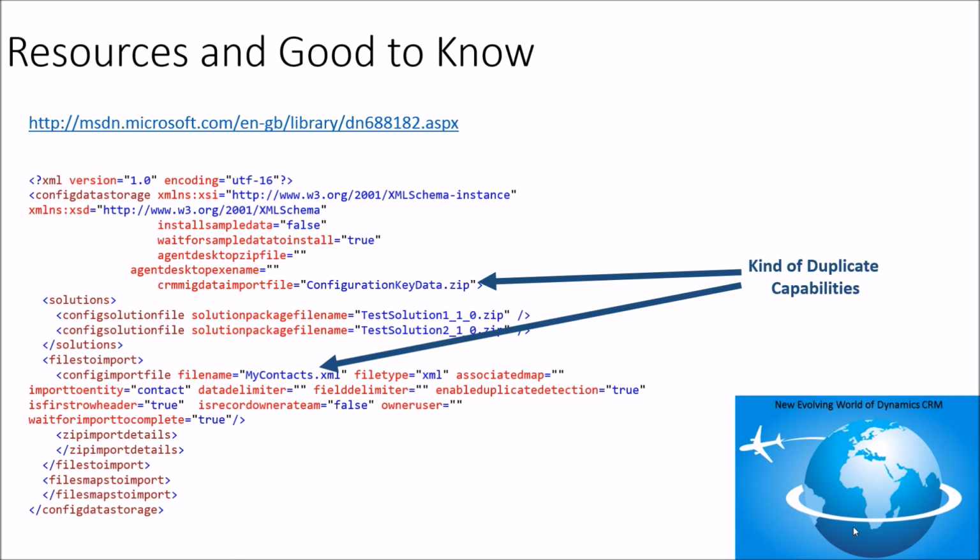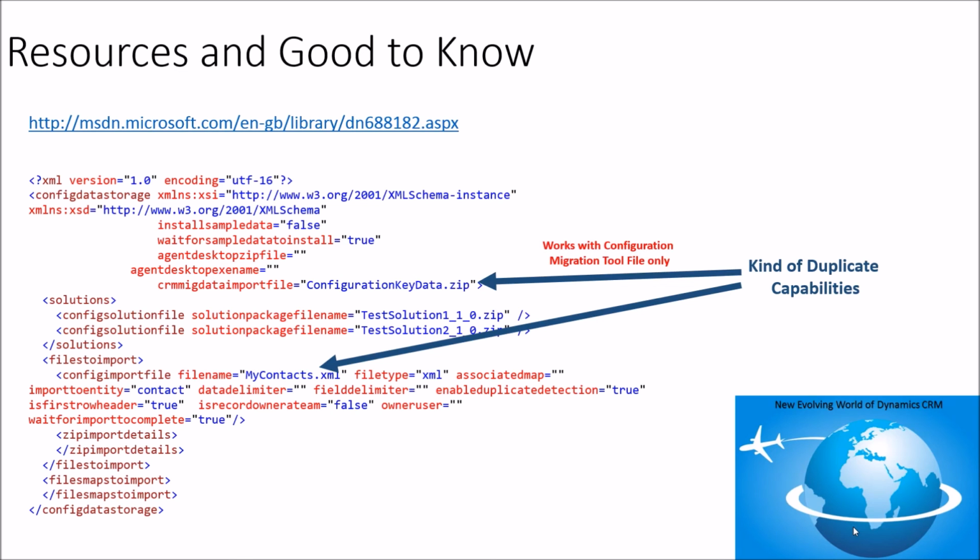You need not use a config import file or CRM migration import file. You can use any of them because ultimately they do the same job, which is import data to your CRM solution. But they follow certain restrictions.